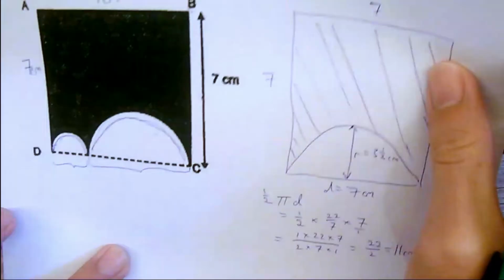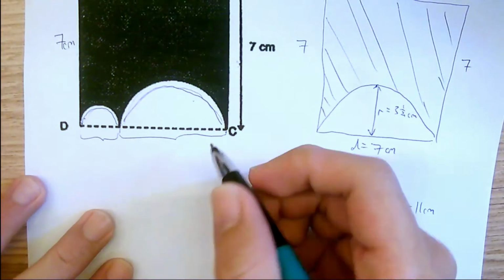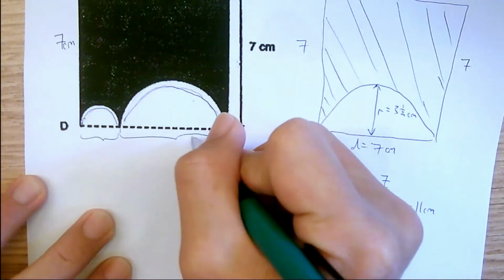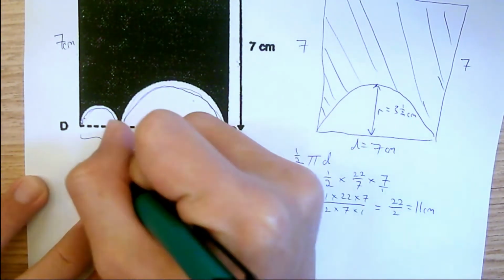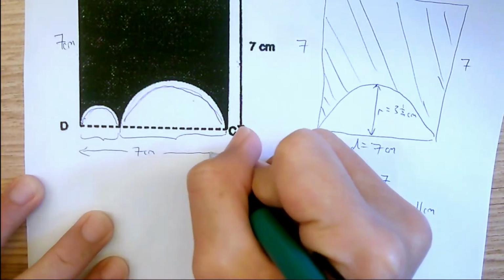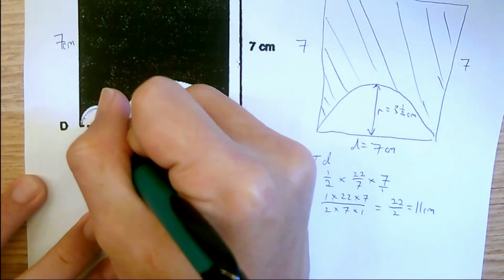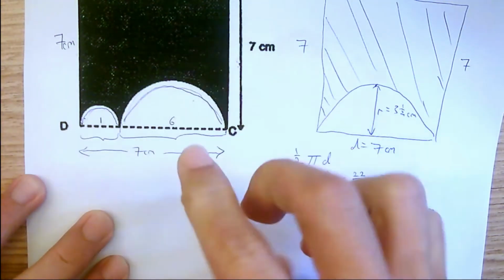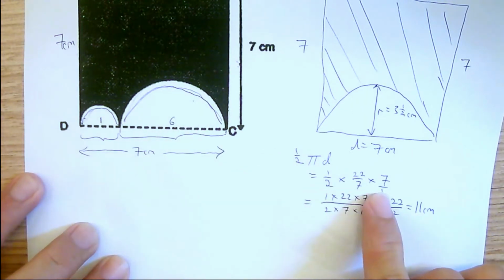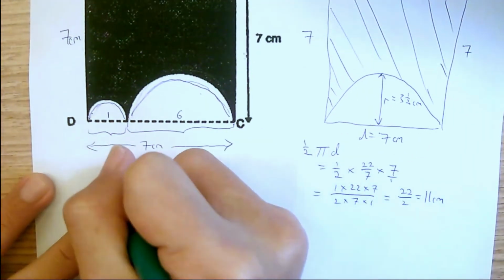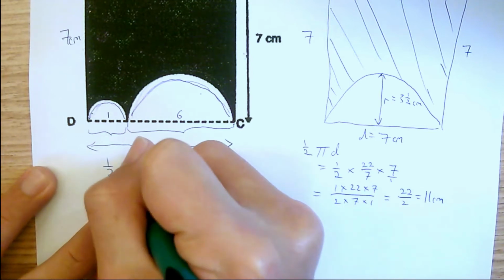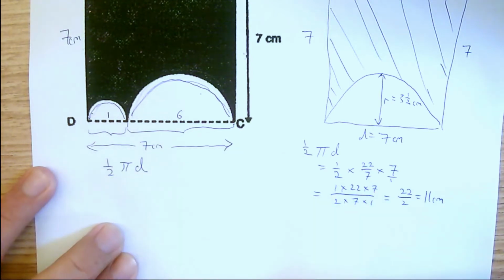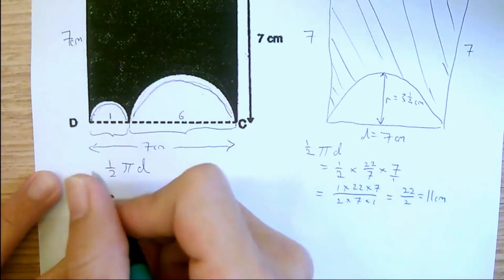Let's try it over here. Let's assume that out of the entire 7 cm over here, remember from here to here is 7 cm, this is 1 cm and this one is 6 cm. Do you think we'll still get the same answer as this? Let's try it out. Using the same formula, half pi d for the circumference of a semicircle.